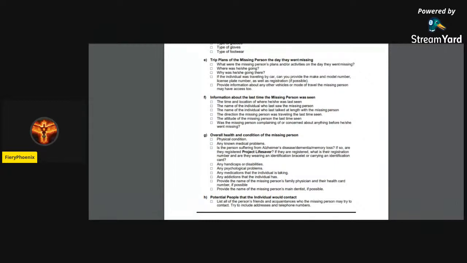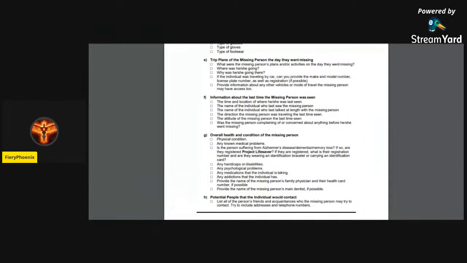And this point under this is really good. I like to read this one. Is the person suffering from Alzheimer's disease, dementia, or memory loss? If so, are they registered with Project Lifesaver? I'm going to have to check that. That sounds pretty good.